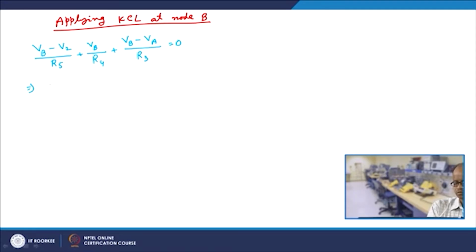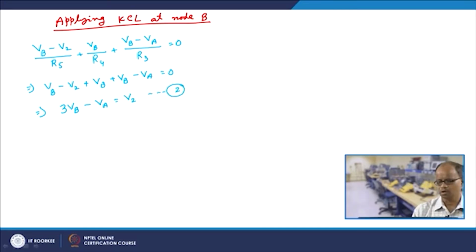So, then therefore, VB minus V2 plus VB plus VB minus VA is equal to 0, or in other words 3 VB minus VA is equal to V2. So, this is equation 2. And 3 VA minus VB is equal to V1, that was equation 1.